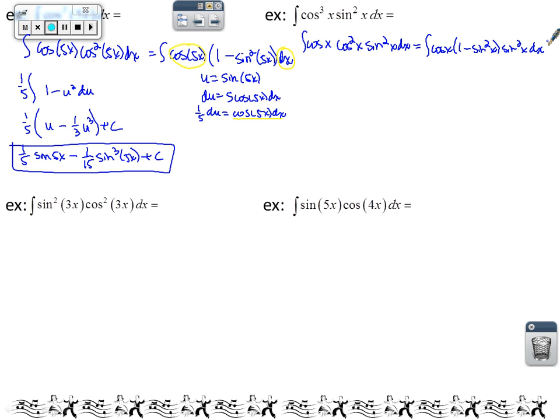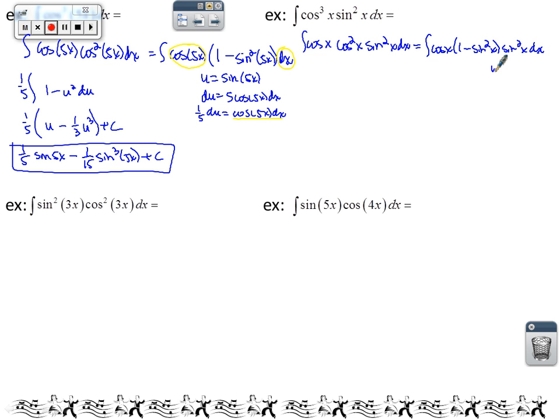Again, same kind of scenario with the u substitution. If I make u sine x, then it's going to take care of my cosine, and it's going to give me 1 minus u squared times u squared, which we would just distribute and do the reverse power rule. So let's do that.